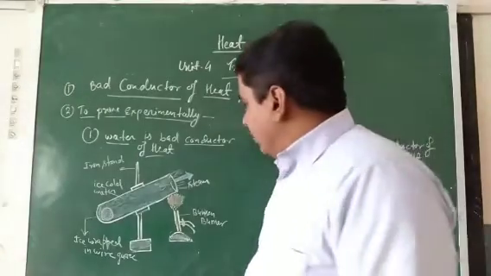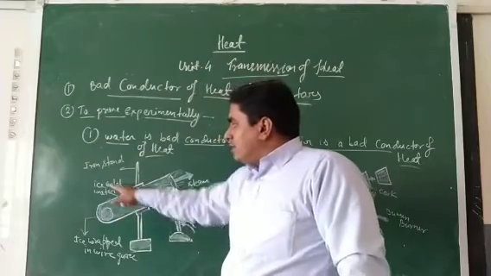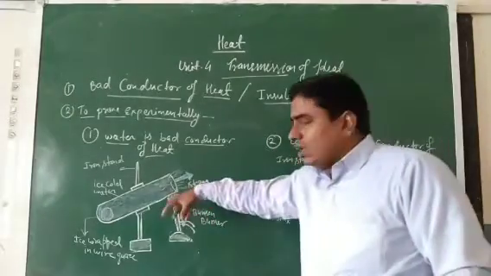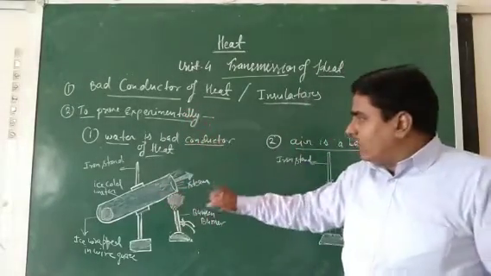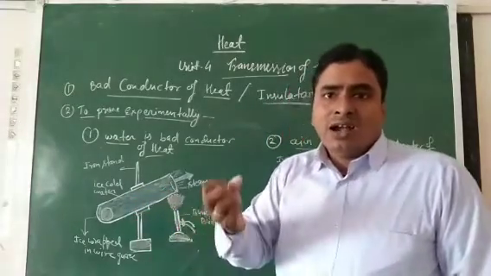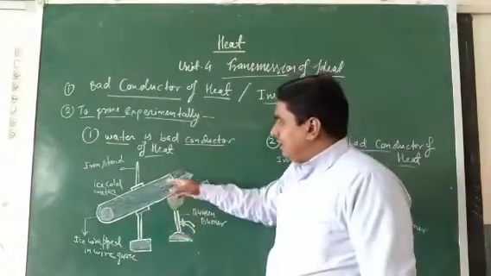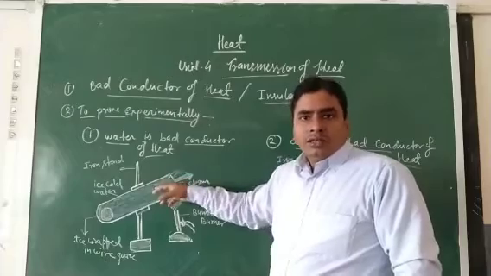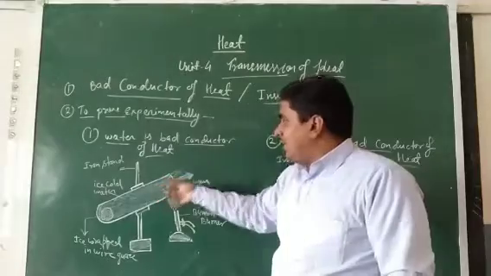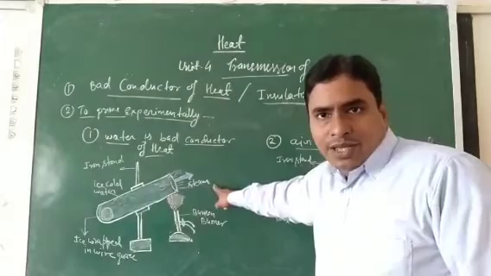One more thing, we also pour some ice cold water. When the test tube absorbs the heat energy, the ice cold water inside the test tube starts to evaporate and comes out of the test tube in the form of steam.